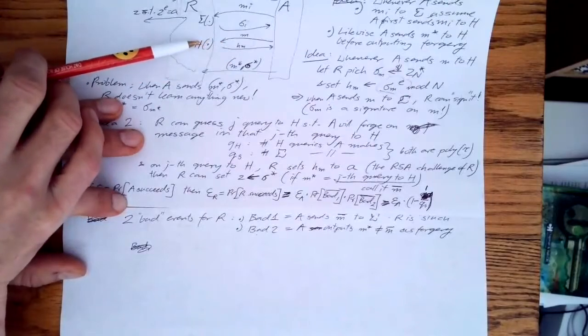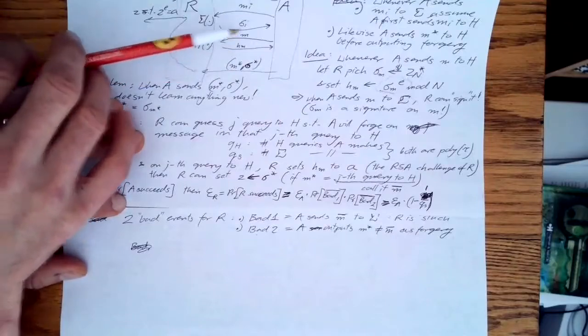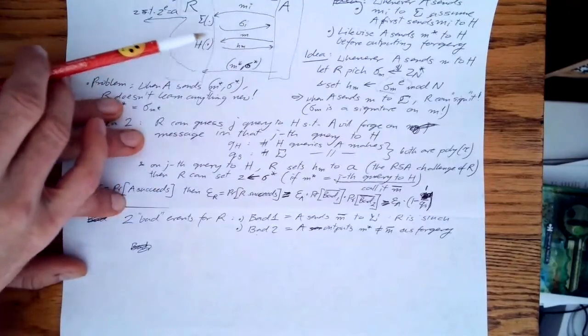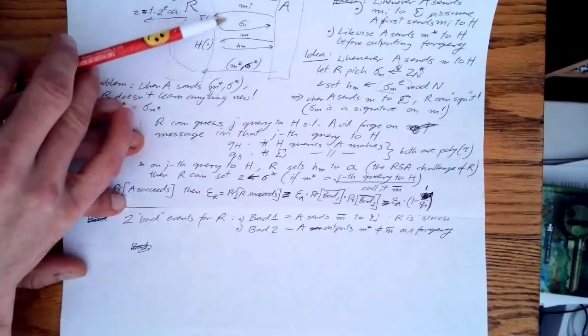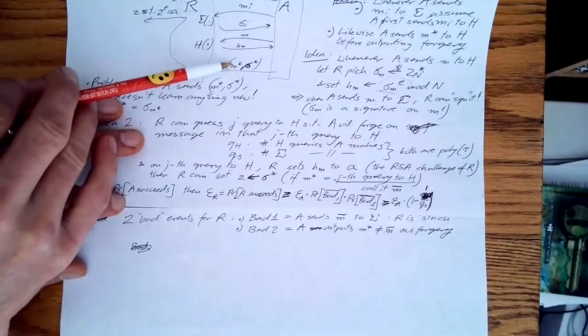Because this forgery, so the adversary has to, the worst case is that he signs all of them except one.